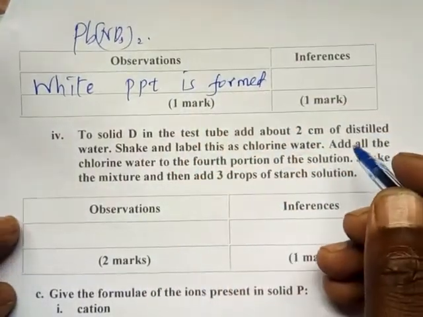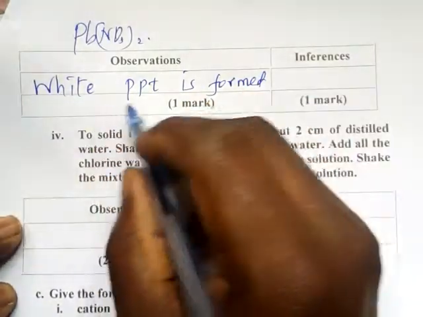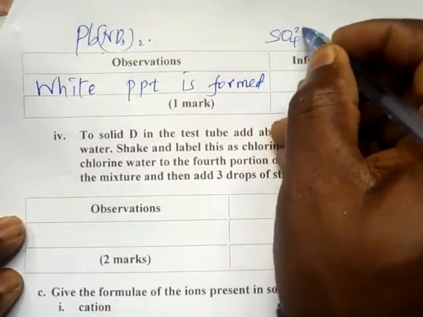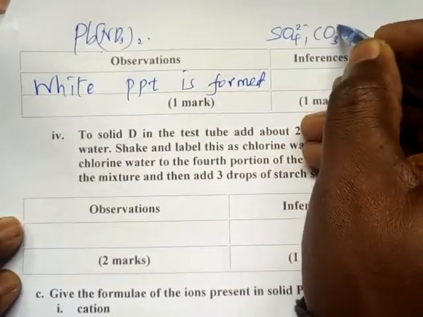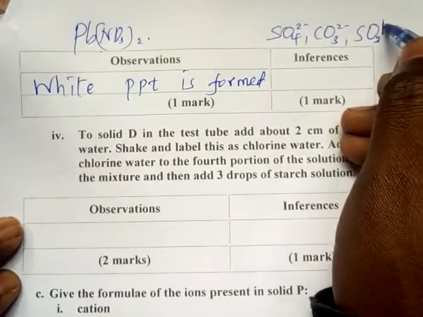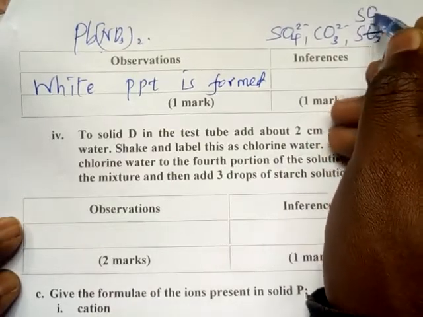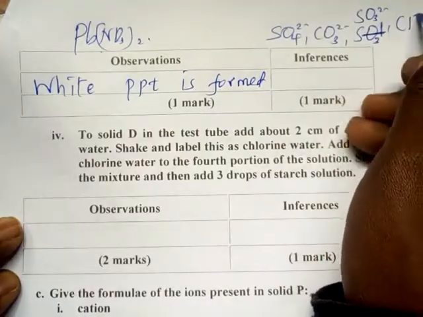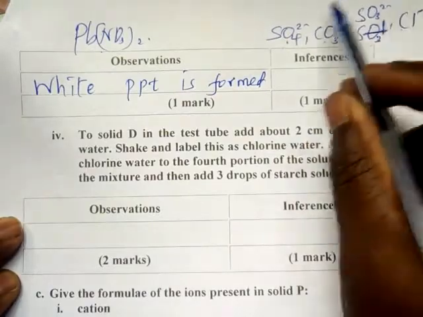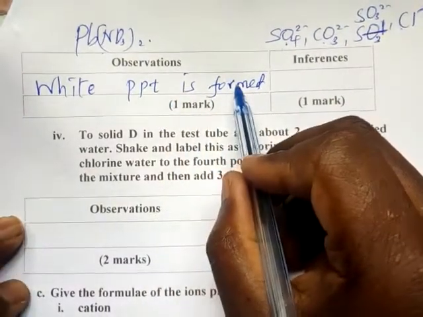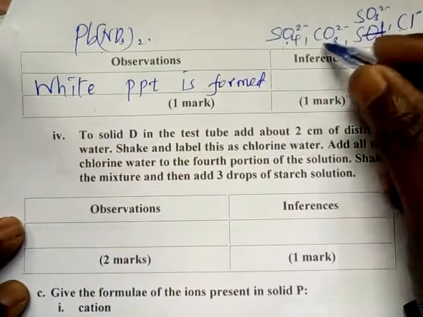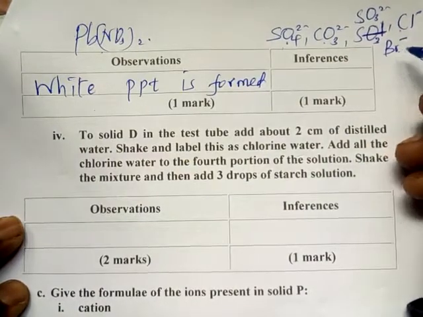A white precipitate is formed. So we know lead will form a white precipitate with the sulfate, with the carbonate, with the sulfite, and with the chloride. So lead sulfate, lead carbonate, lead sulfite, lead chloride, all of them are white precipitates. But remember, even lead bromide is a white precipitate.